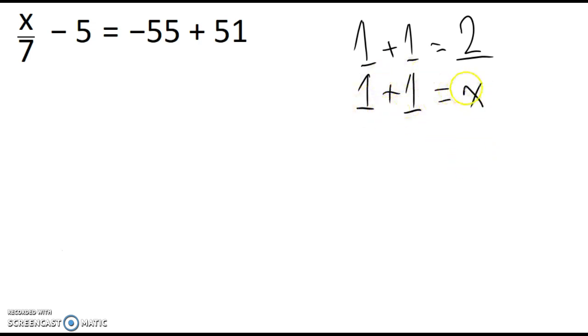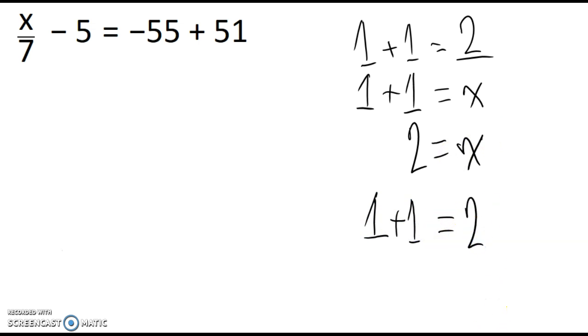And then to find out what x equals, we have to make one side one number and get the x all by itself. So in this case, it'd be 2 equals x. And then we check it: 1 plus 1 equals 2, and then, as you guys know, 2 equals 2.